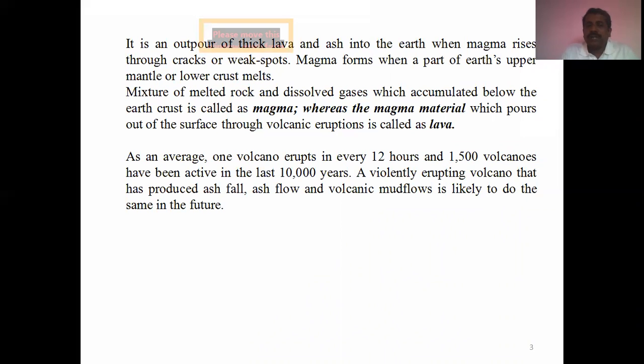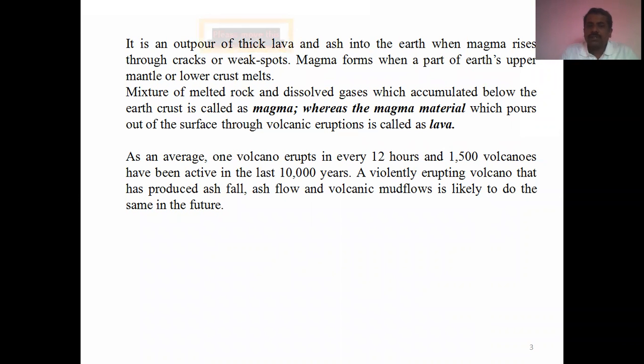The mixture of melted rocks and dissolved gases accumulated below the earth's crust is called magma, whereas the magma material which pours out onto the surface through volcanic eruptions in the weak zones, wherever cracks or weak spots are available, comes out from inside the earth to the surface. That is what we call lava.